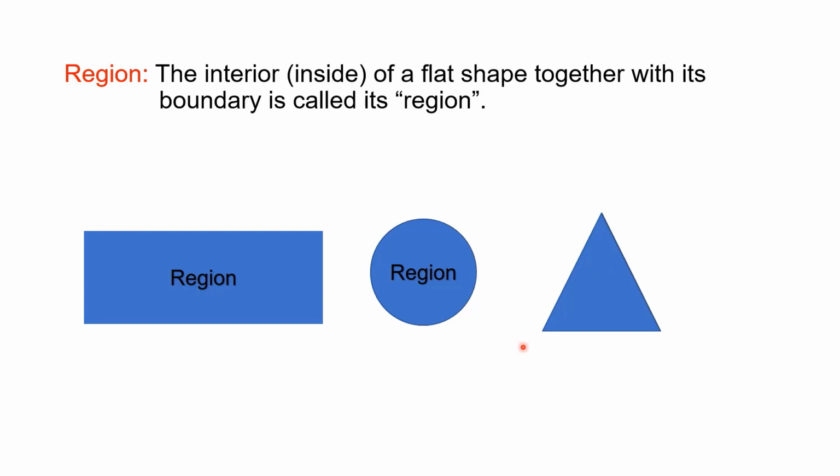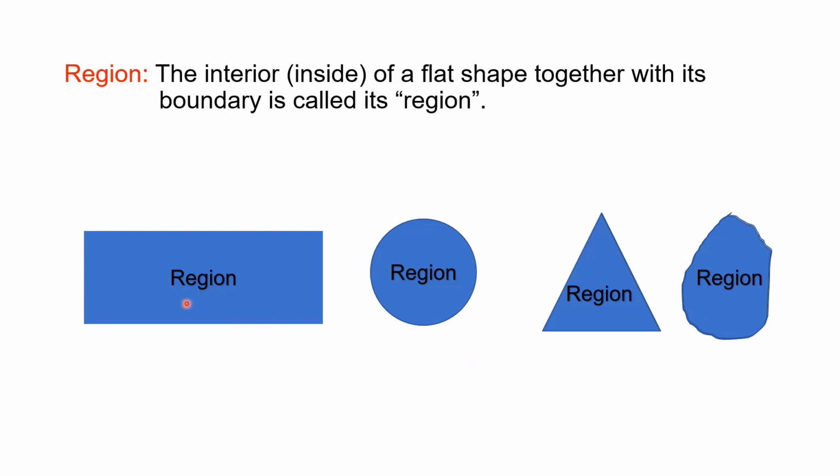The boundary of the triangle and its interior together known as region. Let us take an irregular shape. Look at the interior of this irregular shape. The boundary of this shape and its interior together known as region.